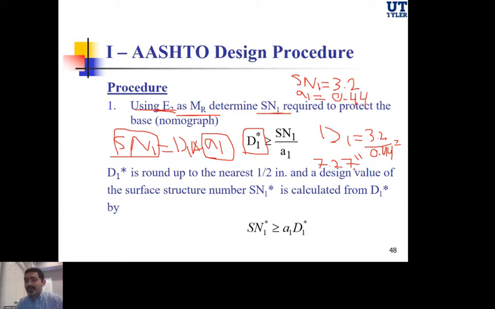You can't give a contractor a thickness that's 7.27 inches. Typically what we do, we round it up to the nearest half an inch, like what we see here. So instead of 7.27, I need 7.5 inches. Now I need to revise the structural number one. The structure number one is not SN1 anymore, it's SN1 prime or SN1 star.